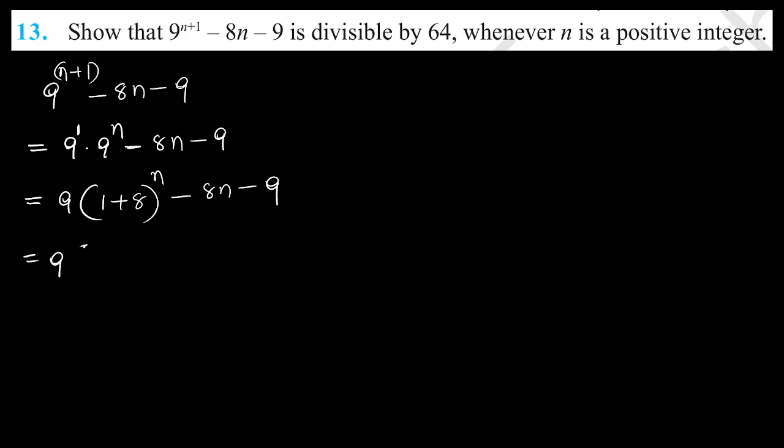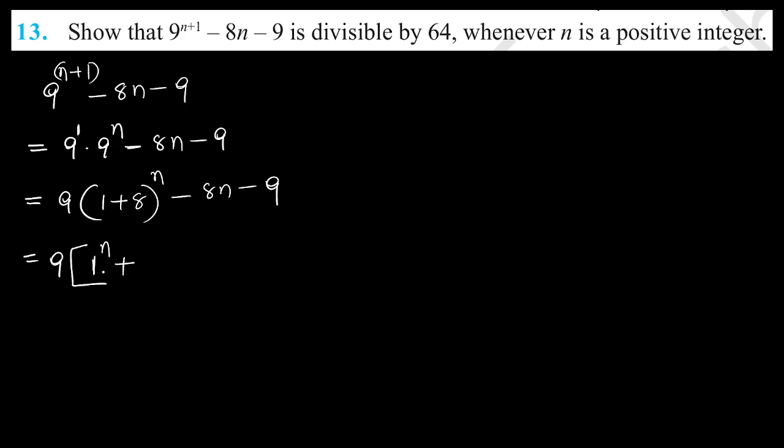9 into, let me expand it, (a plus b) raised to n. Is that okay? This is of the form (a plus b) raised to n. It starts with a raised to n, meaning 1 raised to n. Remember, 1 raised to anything will be 1, but I will write it in the next step. I don't want to skip any step.